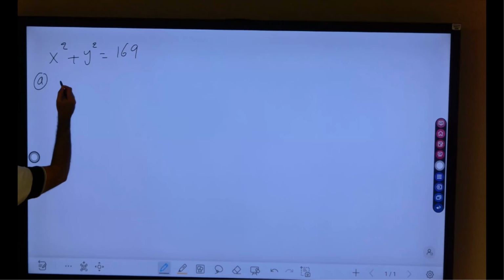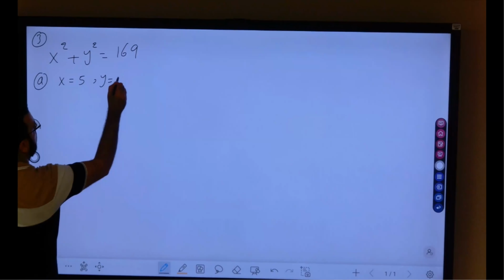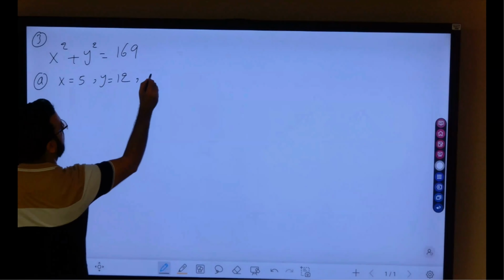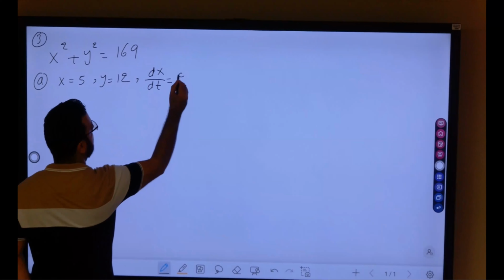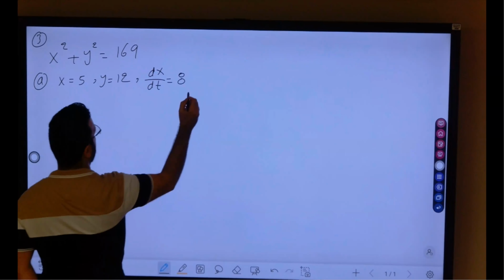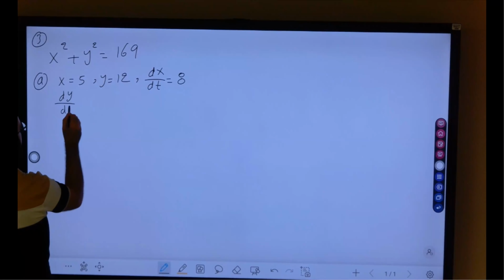This is the third. What do we have? Tell me. x equals 5, y equals 12, dx over dt equals 8, and we need to find dy over dt.